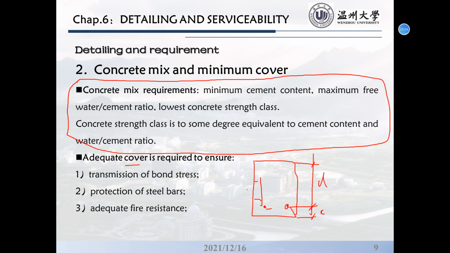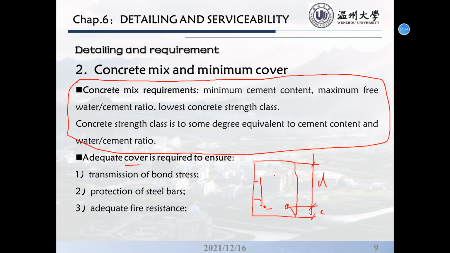As for the function of the cover, we know it can protect the steel bars. If there is no cover, the steel bars will be exposed to the environment and affected by it.